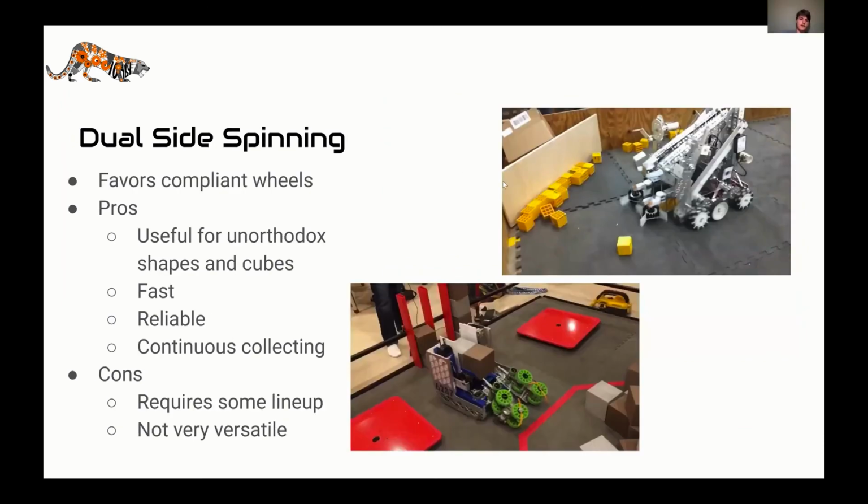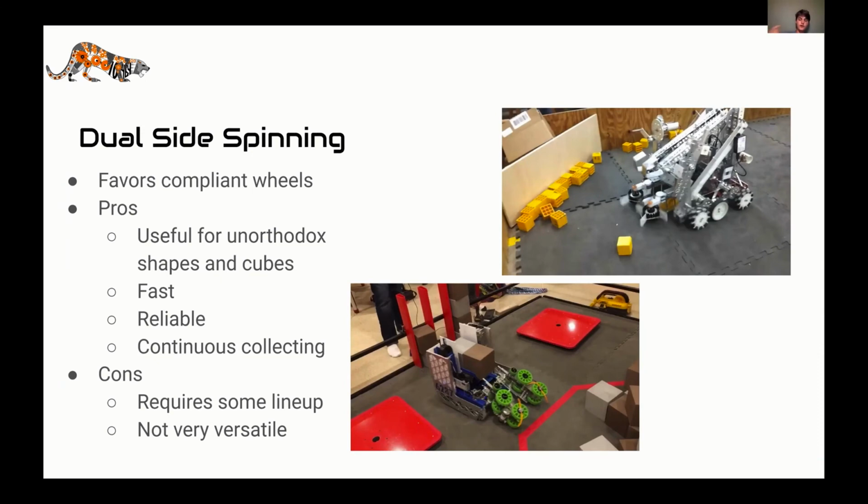Similar to overhead spinning, there's also dual side spinning, which is good for things like compliant wheels, as you can see in the bottom, and good for anything that has more of an unusual shape, or cubes, because cubes have a flat side that the wheels can get a good grip on. They're fast, they're reliable, and they're continuous, which are three really good things for collection.